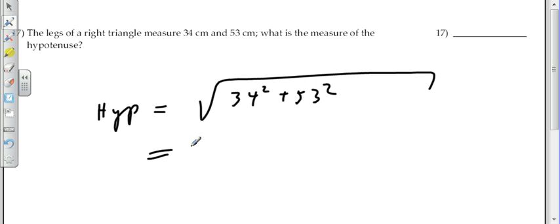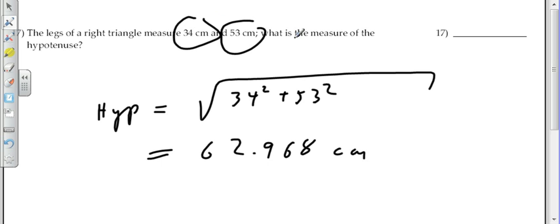Second function, square root, 34 squared plus 53 squared, close parentheses, 62.968 centimeters. And I only have two significant digits, so I'd go 63 centimeters.